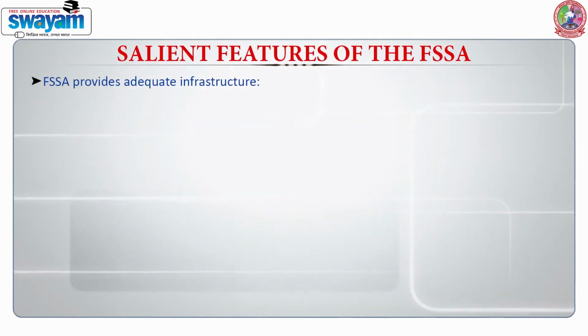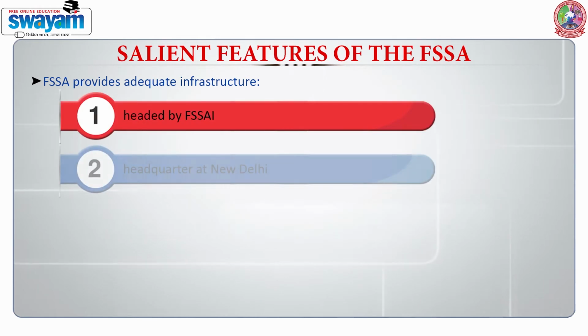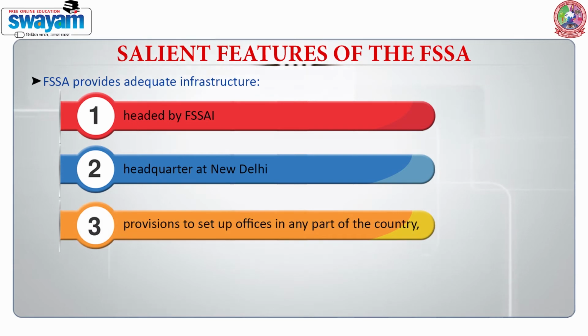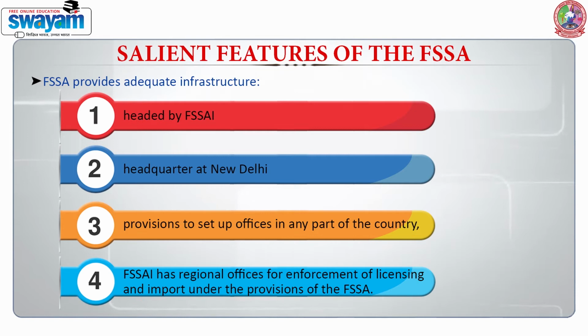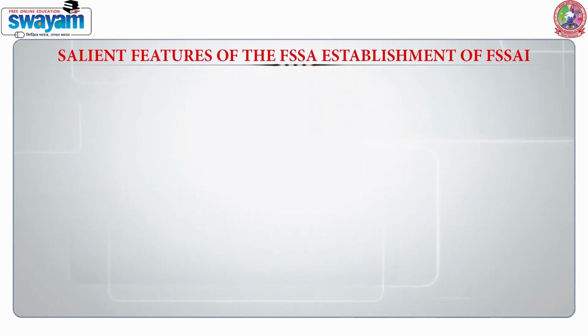FSSA is regulated by FSSAI, which has its headquarters at New Delhi, and there are a number of regional offices for enforcement of license and import. When we talk about the FSSA, we also talk about FSSAI.